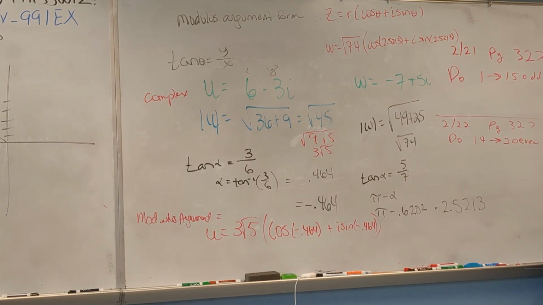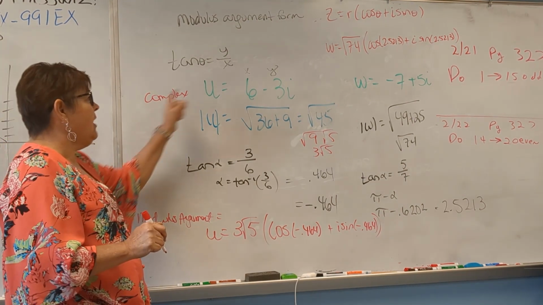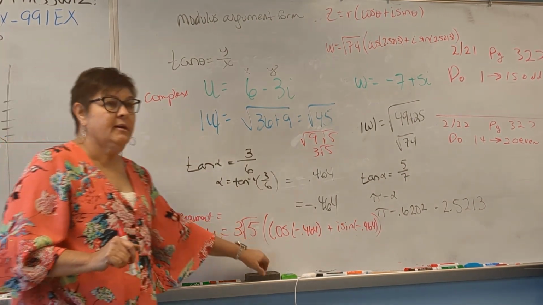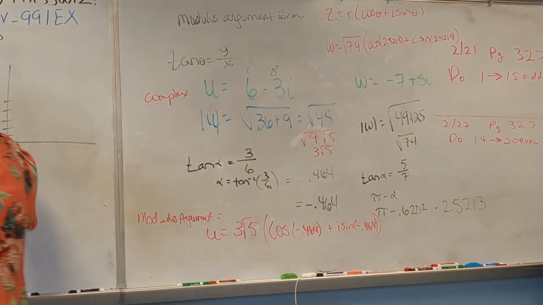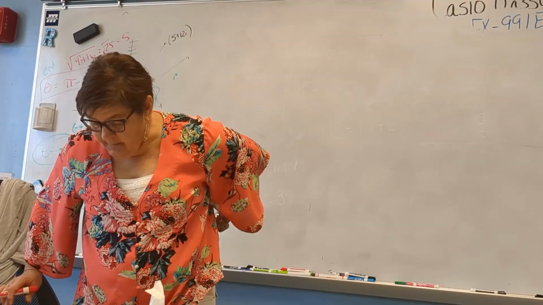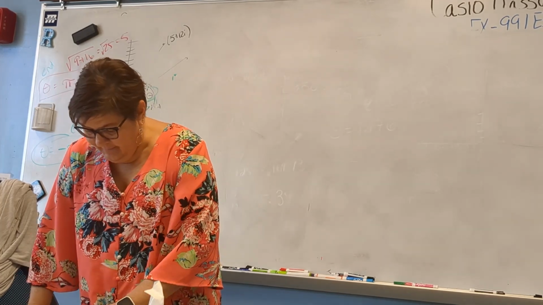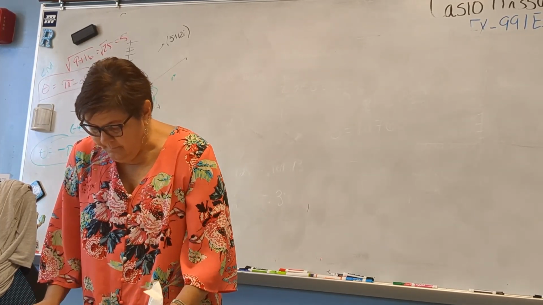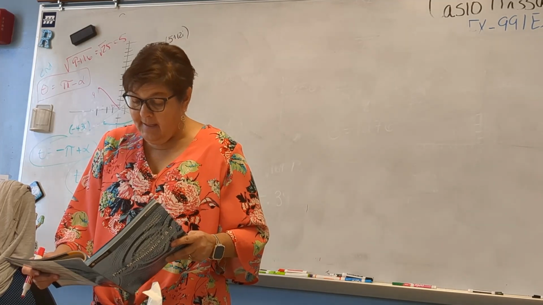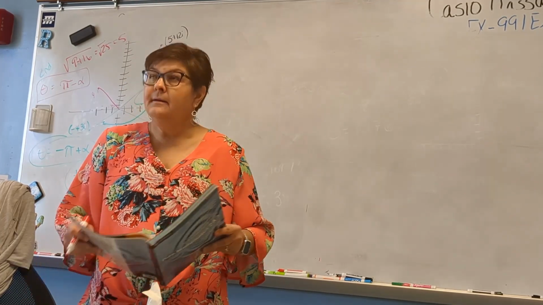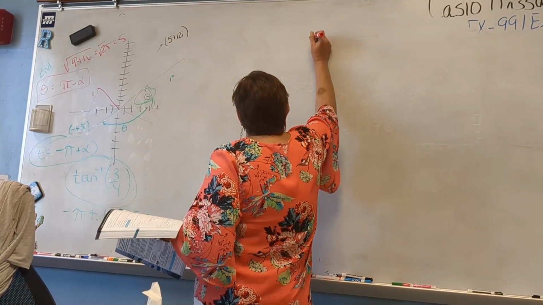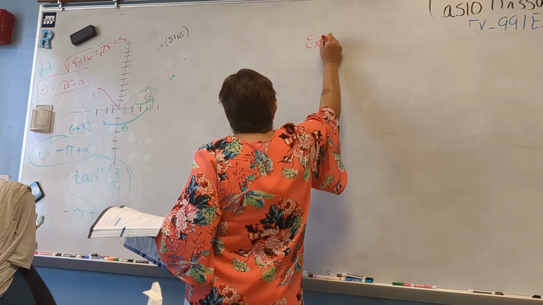There's one more form. It's called the exponential form. So we've got complex form, modulus argument form. It's called the Euler form, but we also call it the exponential form.